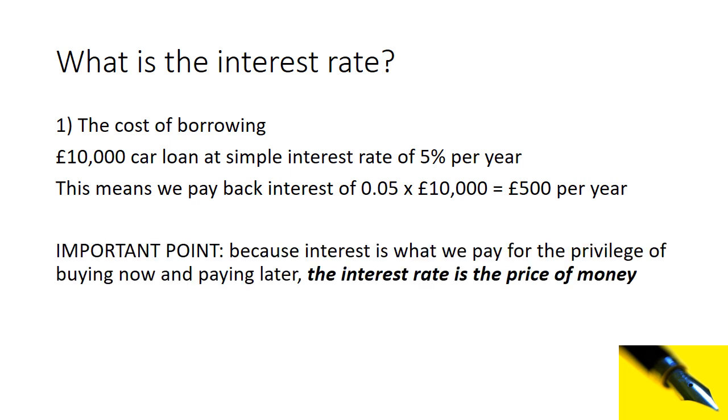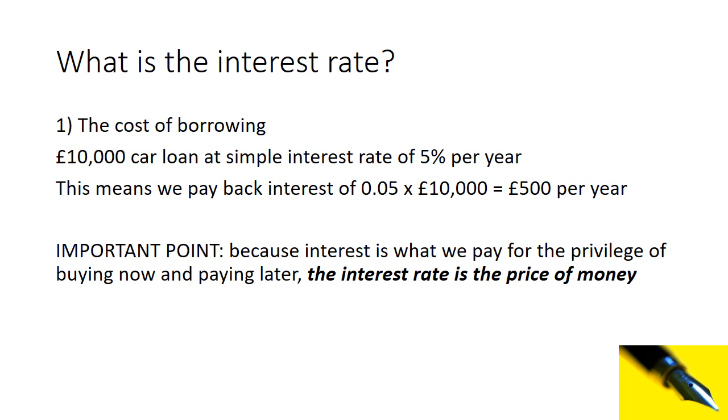Now, a really important point, which is going to be really important for the second part of this lesson, because interest is what we pay for the privilege of buying now and paying later, the interest rate is the price of money. So we've looked at prices earlier in the course, and students often get confused between the interest rate and the inflation rate.